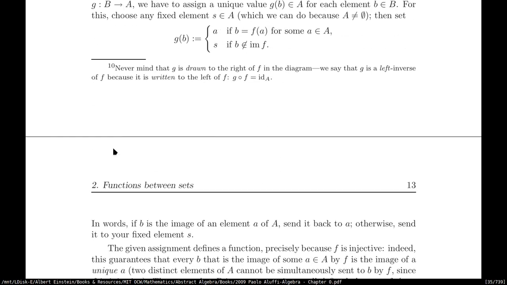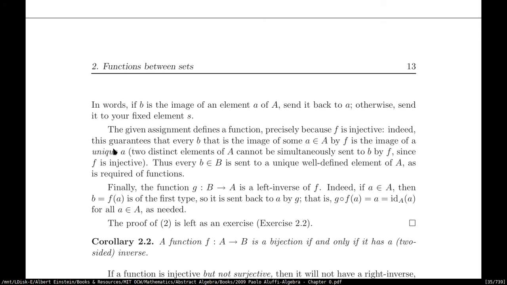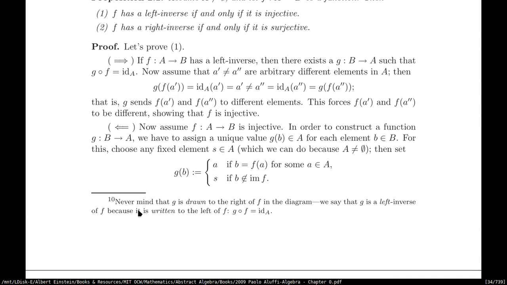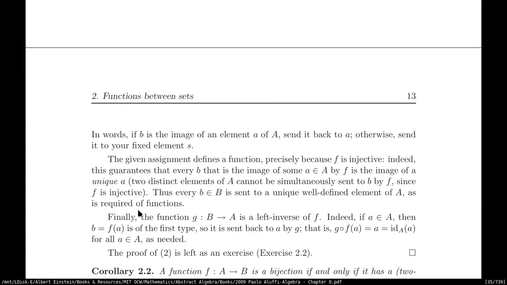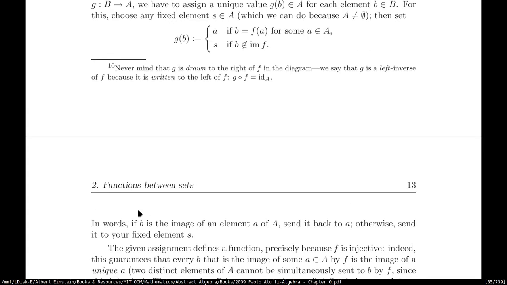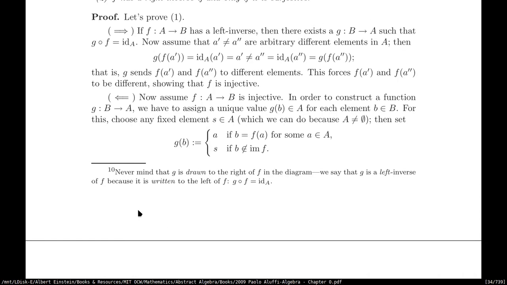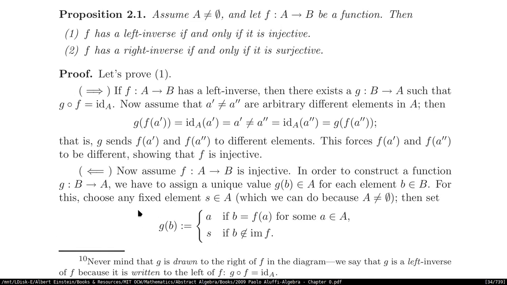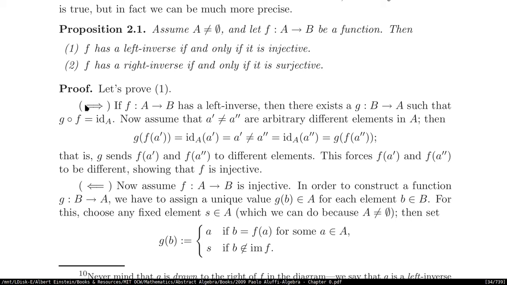So now he goes on to prove these two things. Essentially, he does the first one, and I believe he does it quite rigorously. But let's go through it pretty quickly. Like every if and only if statement, you have to prove both directions.